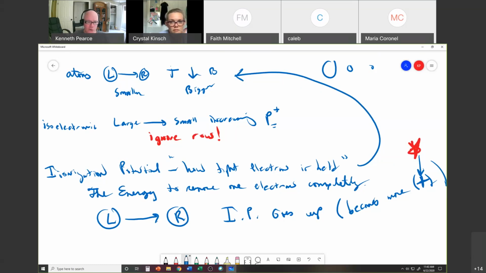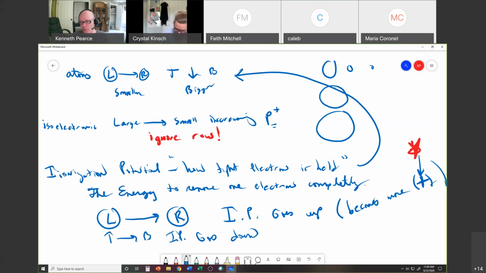And as you go top to bottom, the IP goes down. Why does it go down? Well, as you're going further down the periodic table, what's happening to the diameter? It's getting bigger and bigger. So you're further and further away from those positive charges. See what I'm saying? You got the positive nucleus. If you're further away, it doesn't take as much energy to pull it off because you're already that far away.